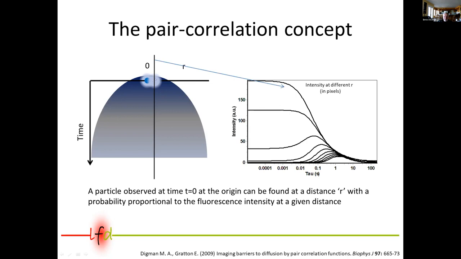But as we go farther and farther, we increase the length, the time in which the particle can reach the given value, well, at the very beginning will be 0, because if the particle is here, it cannot be there. But as the time goes on, eventually the particle can be seen.